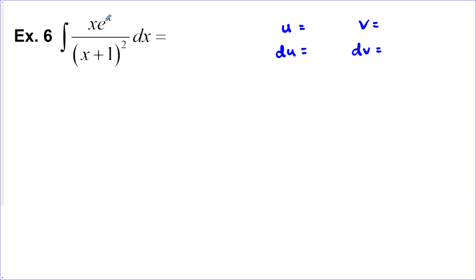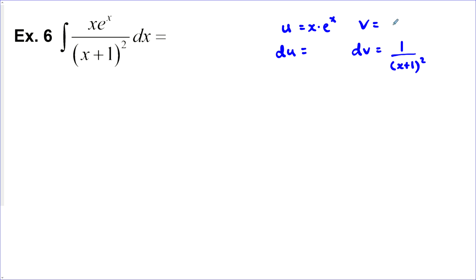So let's just try x e to the power of x as our u, because the derivative of that isn't too bad. And we'll make this our dv. So 1 over x plus 1 squared, because when I take the antiderivative, I'm going to get rid of this squared here. That'll probably be a good thing.